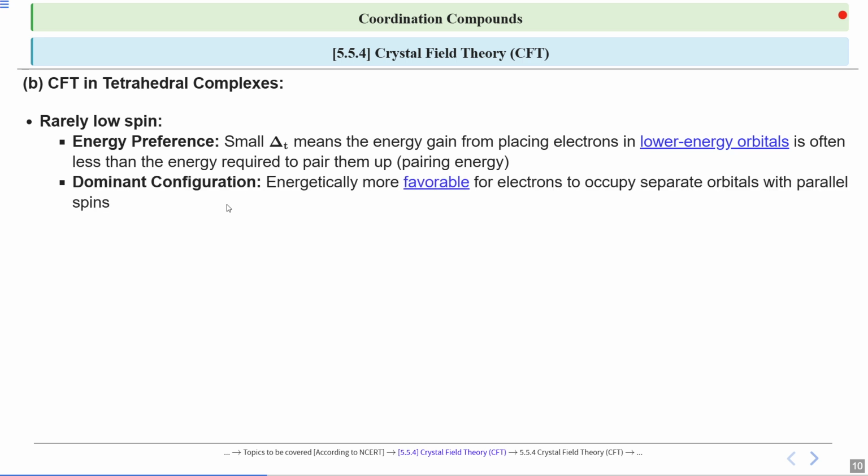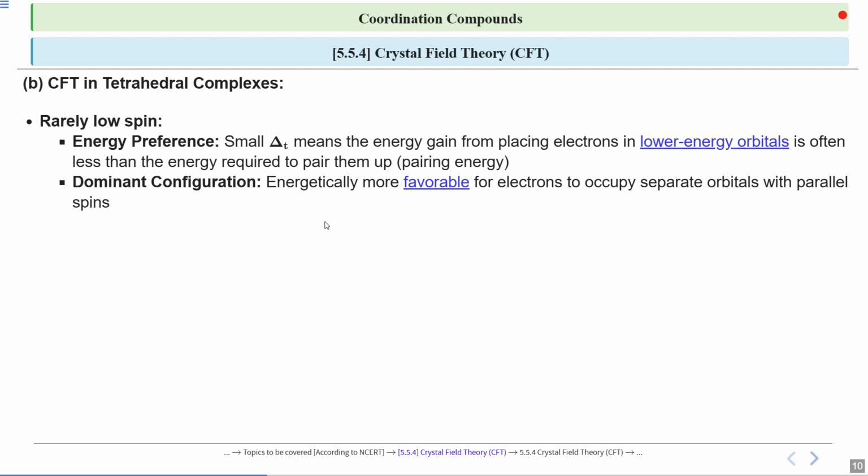Dominant configuration, what does this mean? It is energetically more favorable for electrons to occupy separate orbitals with parallel spins. That means they don't need to be pairing up.